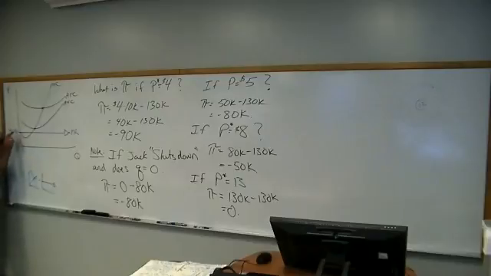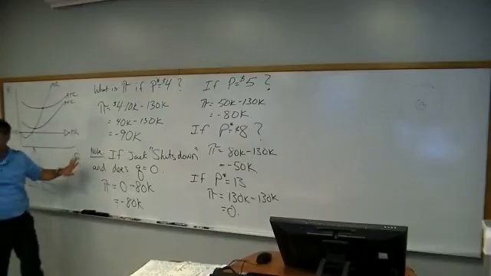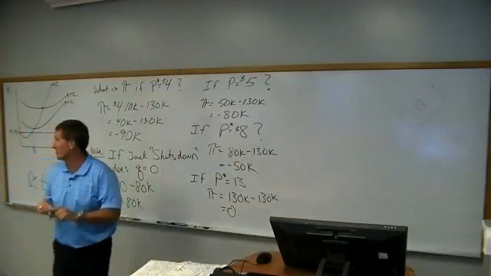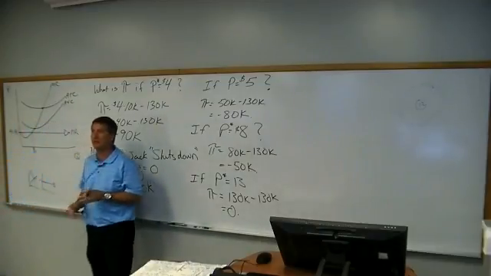Now, marginal revenue equals marginal cost at this quantity Q1. But if this is the situation, what should this company make? How many units should it produce if this is the circumstances for the company?